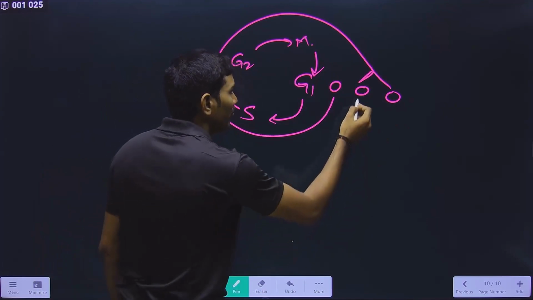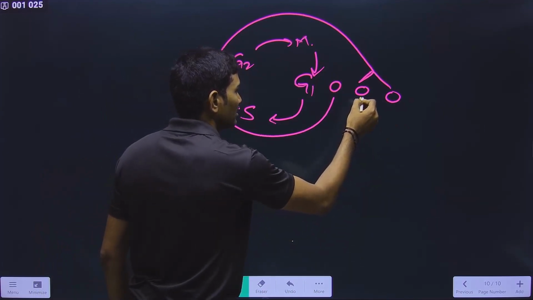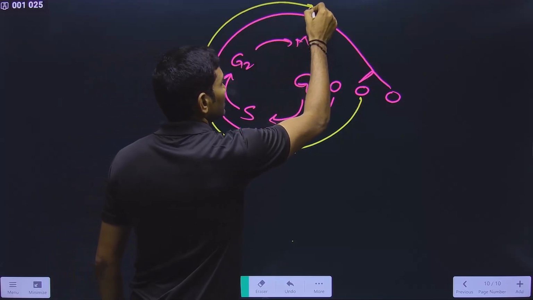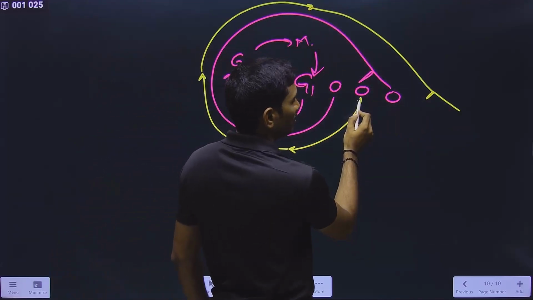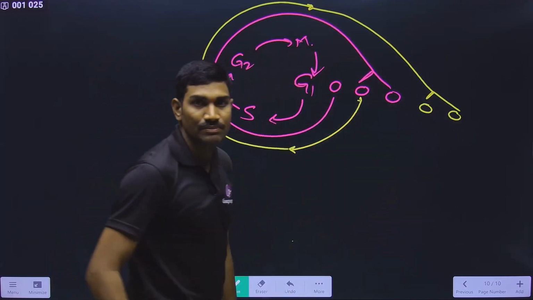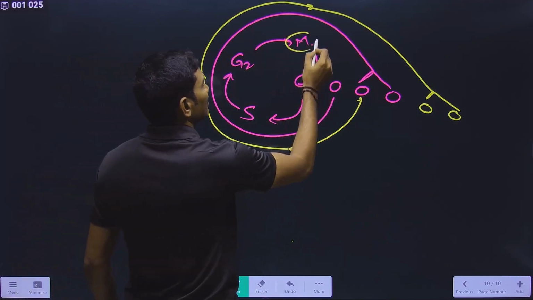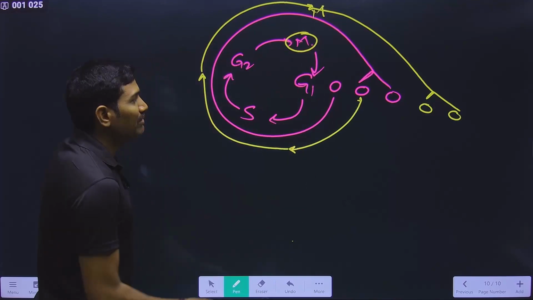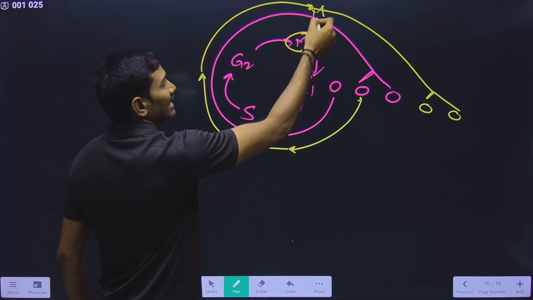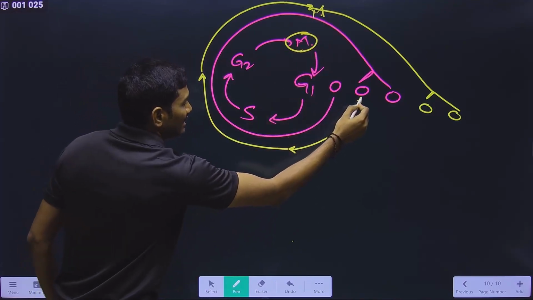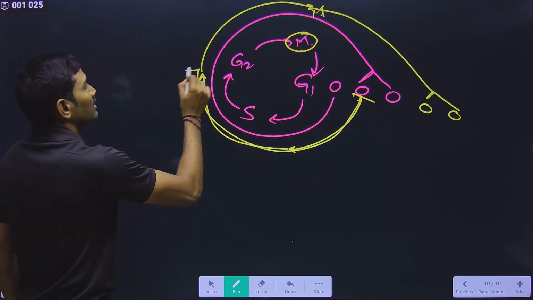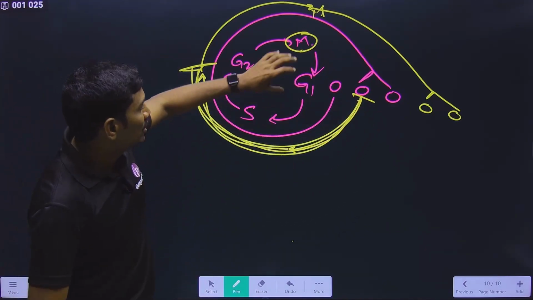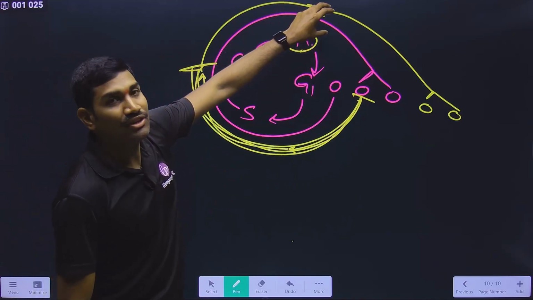The newly formed cells again go through the G1 phase, S phase, G2 phase, M phase, and then finally each forms two cells again. For the first cell there is an M phase. For the second cell also there is an M phase. So between the M phase of the first cycle and the M phase of the second cycle, there is a stage, and this stage is called interphase.